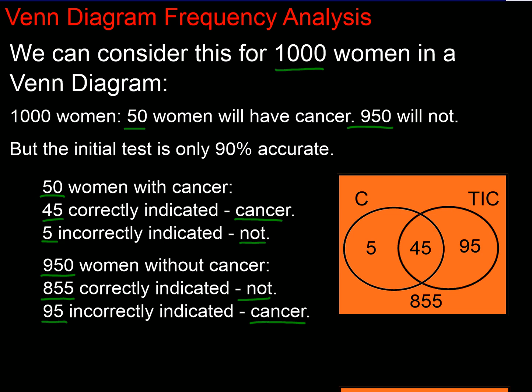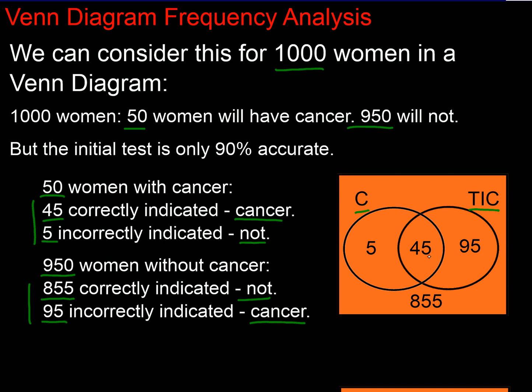So we're now going to feed the figures we've just calculated into our Venn diagram. My left hand set is going to be those women with cancer, so that's our 50 women, the 5 plus 45. And less obviously, in the right hand set is our group where the test indicates they've got cancer. So what's that made up of?